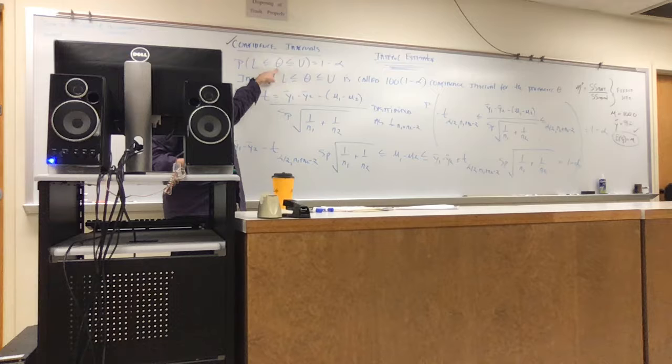You can call it whatever you want, but we use theta, which is what Montgomery uses. So we say the probability that theta is between the lower limit and the upper limit is equal to 1 minus alpha.